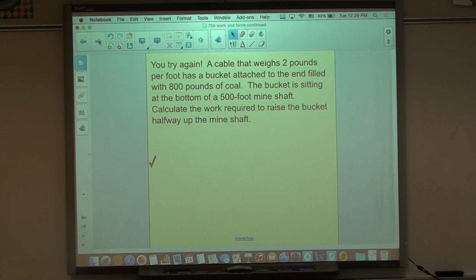Remember, it's the integral of the weight at any given y value. I would treat 0 as the bottom.